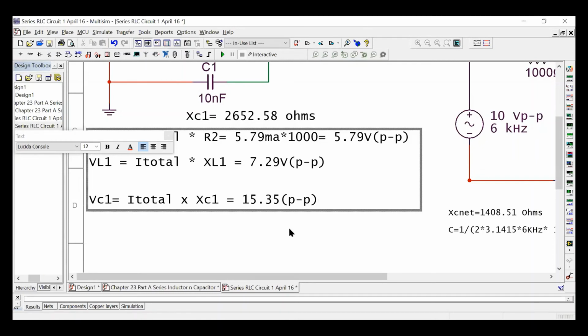I'm doing a math check on this. Yeah, it's way off. Did we make a mistake someplace?